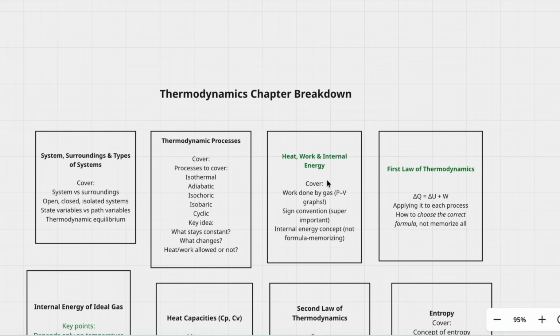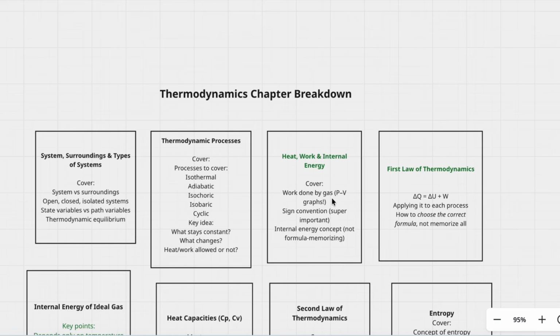And coming to the next part, we have heat, work, and internal energy. This is one of the most important topics of this chapter. You should know what the work done by a gas is. You should know the PV graphs and other variants of the graphs to find the work and energy. And the sign convention is super important. You should be following only one sign convention.